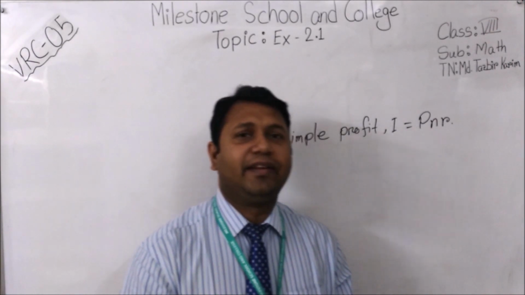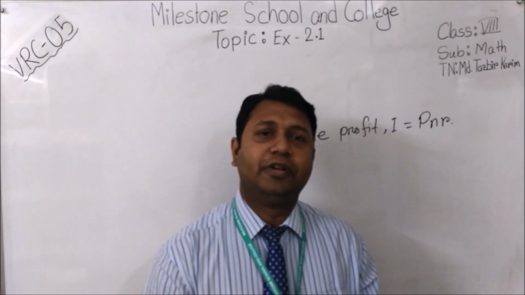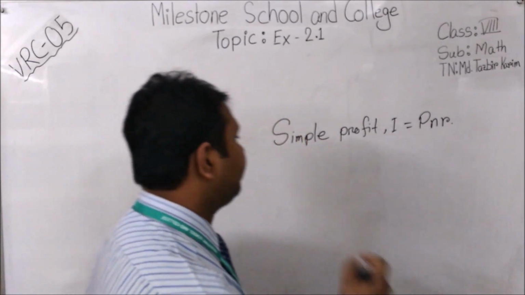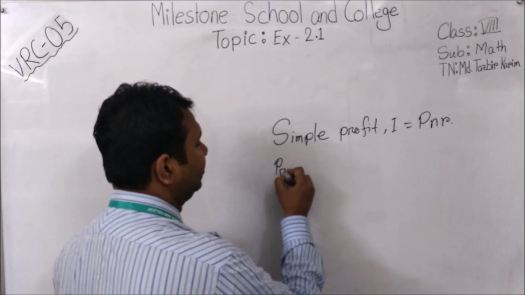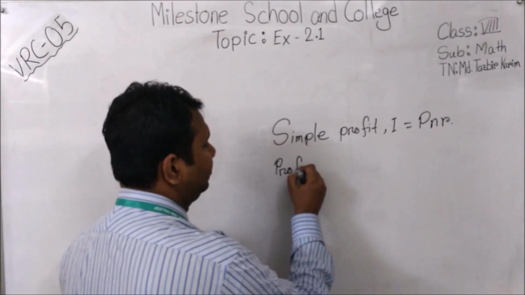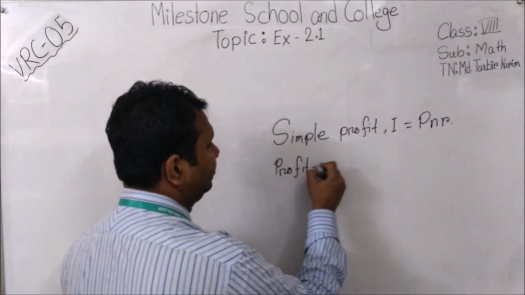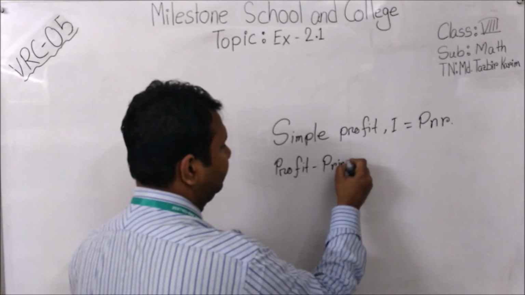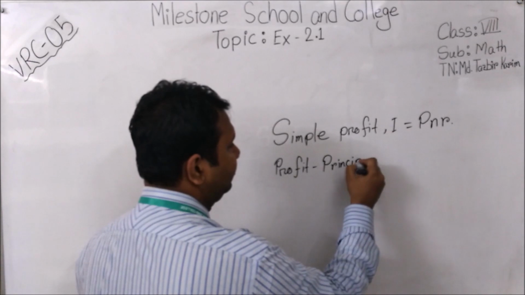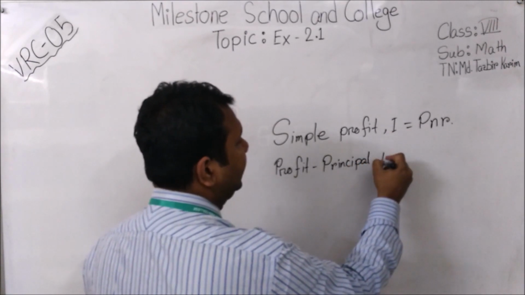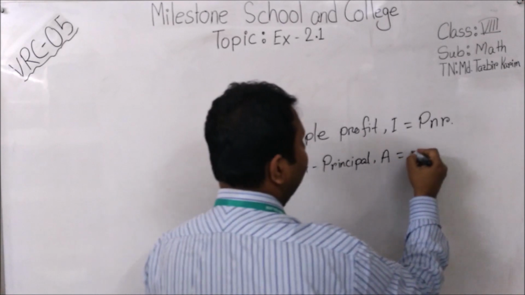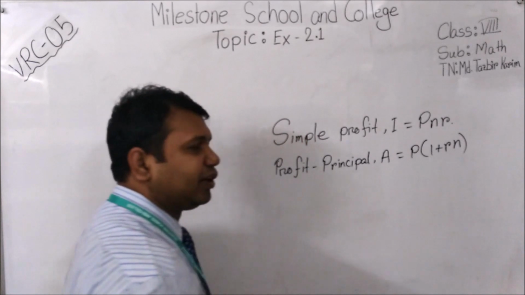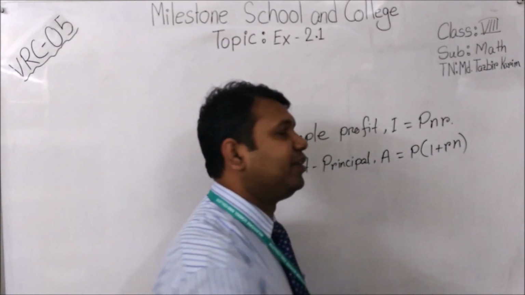I will ask you again, can you tell me what is the formula of profit principal? I think you are right again. So profit principal, that is, we let A equal to P into 1 plus Rn. Now the question is, which alphabet represents what?